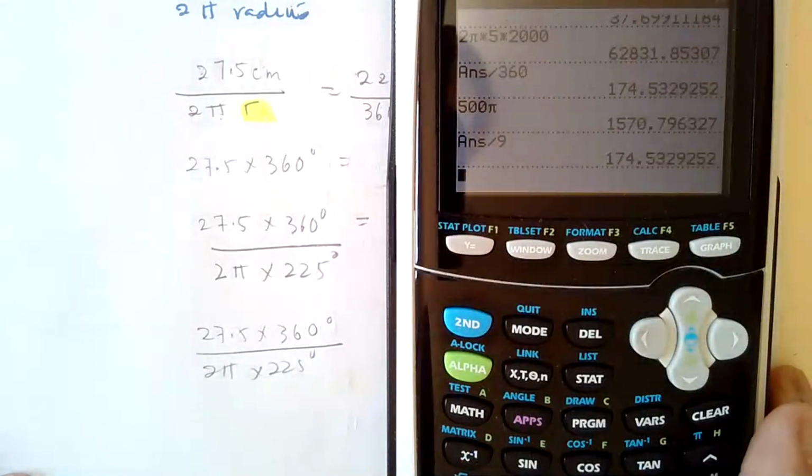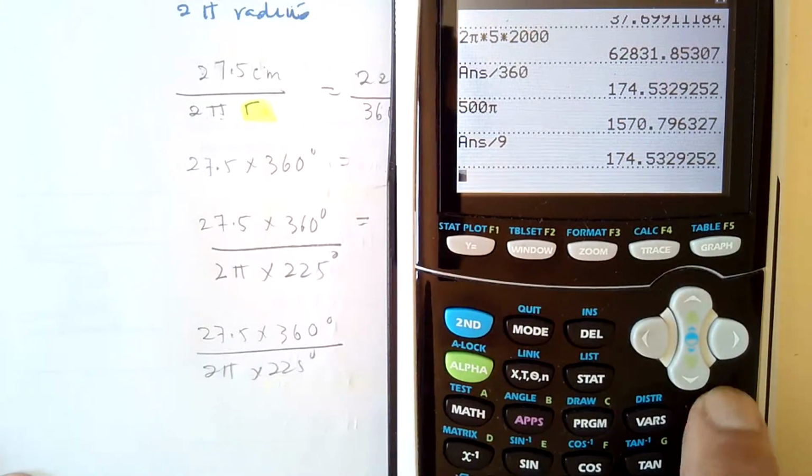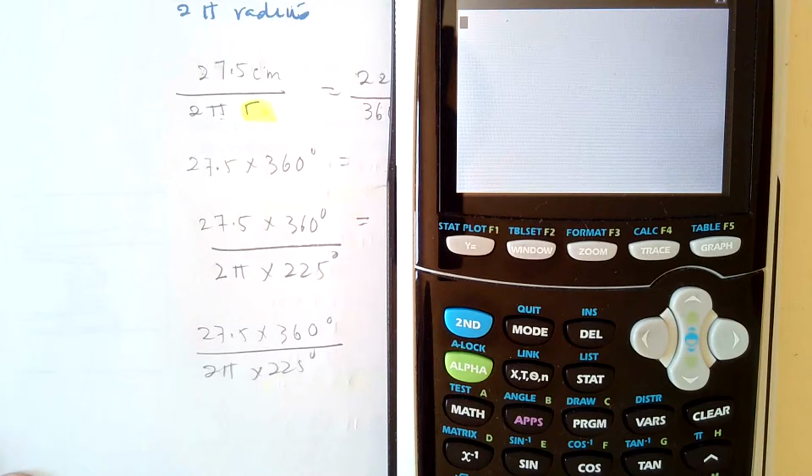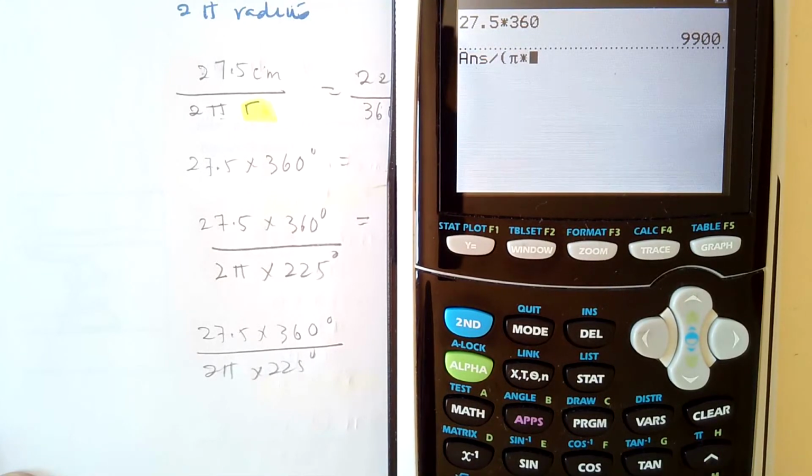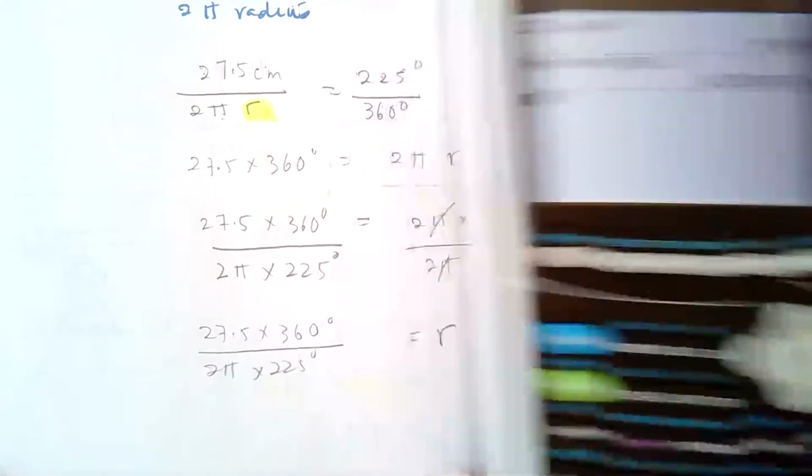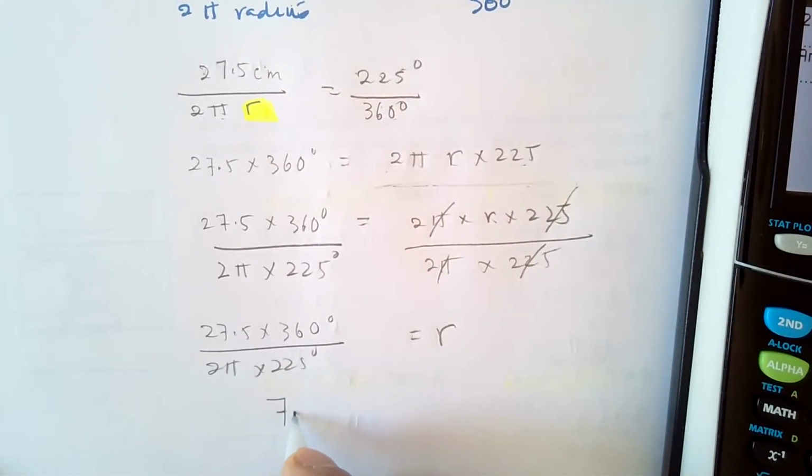Let's just work that out in our calculator. 27.5 times 360, divided by 2 pi times 2 times 225, gives me a measurement of 7.00 centimeters.